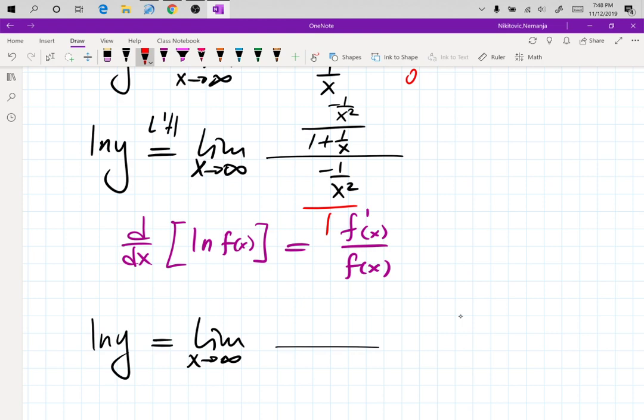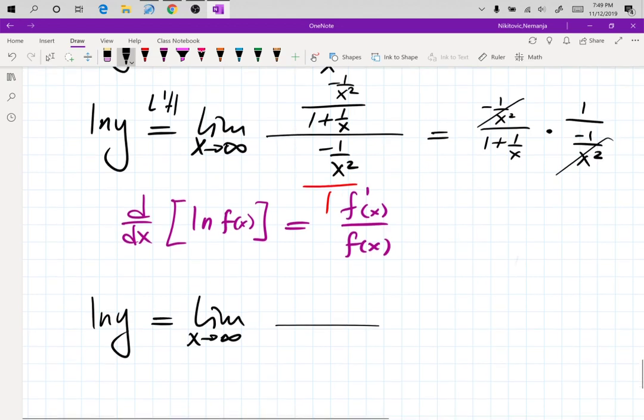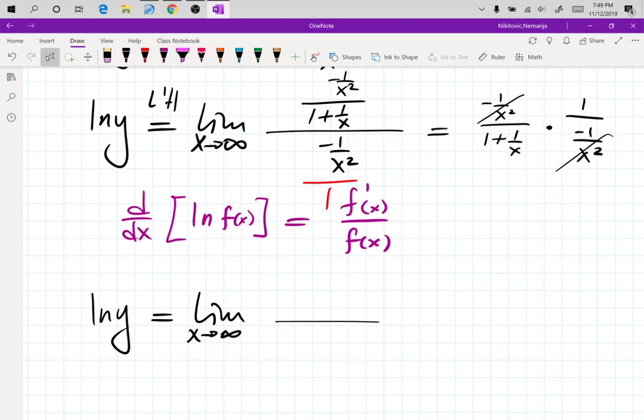Couldn't you just multiply that bottom denominator to the very top numerator? That's exactly what I want to work on, because now if I do over 1, this becomes negative 1 over x squared divided by 1 plus 1 over x, times 1 over negative 1 over x squared. And then these guys cancel, as you would say. And now it's just 1 over 1 plus 1 over x.